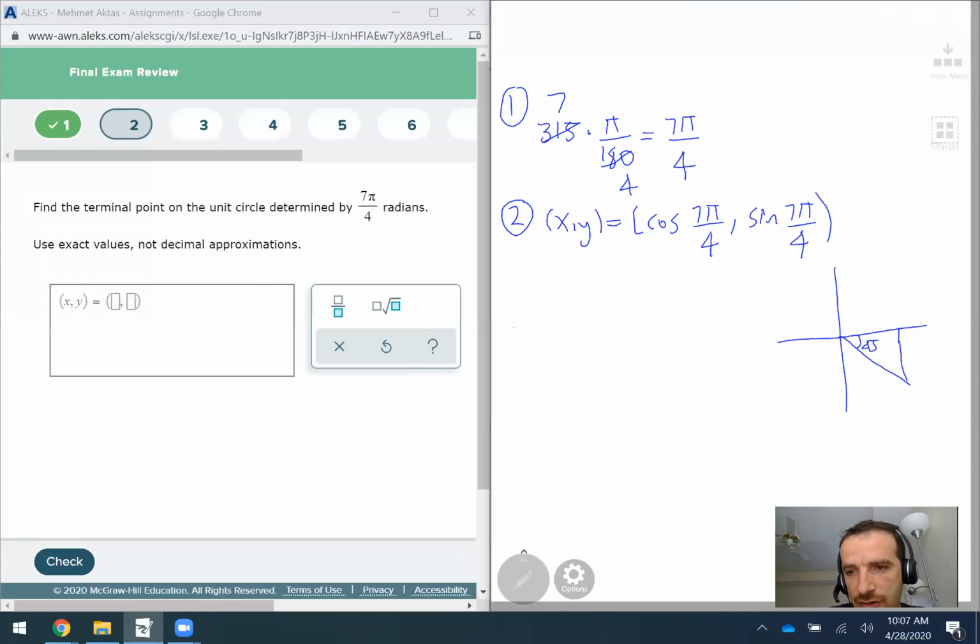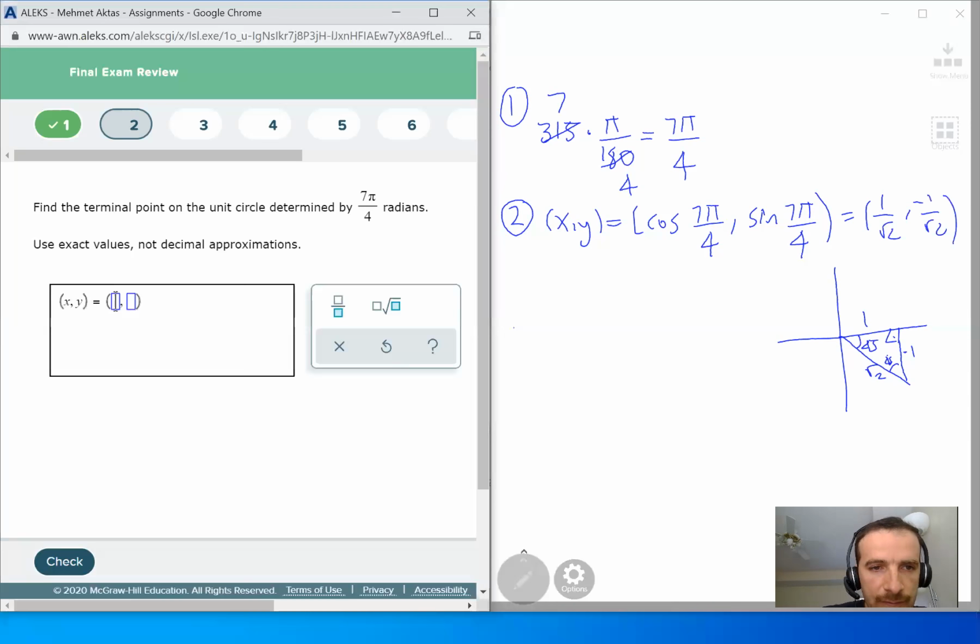This is our special triangle, right? With sides 1, -1, and root 2. So cosine of this angle is adjacent over hypotenuse, 1 over root 2. And sine of this angle is opposite over hypotenuse, -1 over root 2.